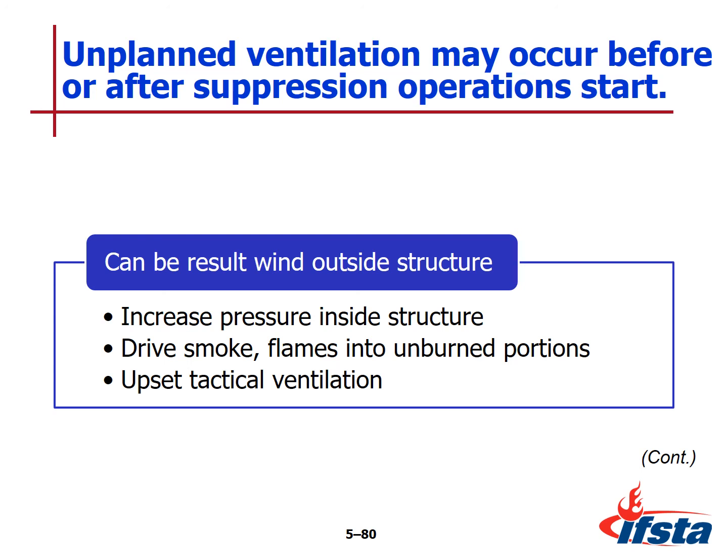When you inhale, you're basically changing the pressure inside your lungs so air rushes in. When you exhale, you're changing the pressure inside, which forces it back out. Same idea when we're talking in houses. If the pressure outside the house is greater than inside the house, the air outside wants in, and vice versa. And in that case, it's going to drive the smoke, it's going to drive flames into the unburned portions of the house.